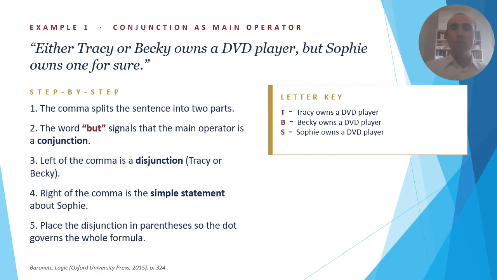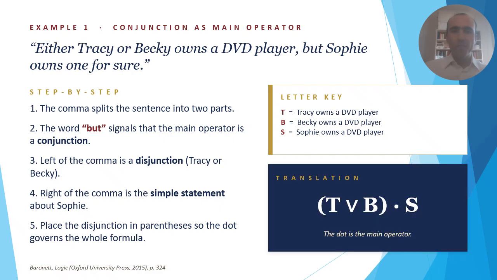B stands for Becky owns a DVD player. S stands for Sophie owns a DVD player. The translation is, in parentheses, T wedge B, and after the parentheses, dot S. Remember that the dot, the conjunction, is the main operator.